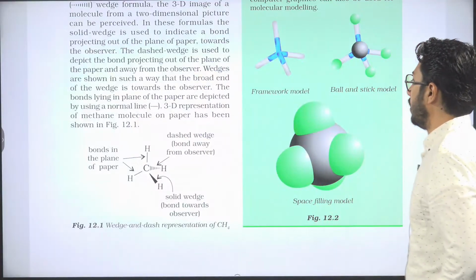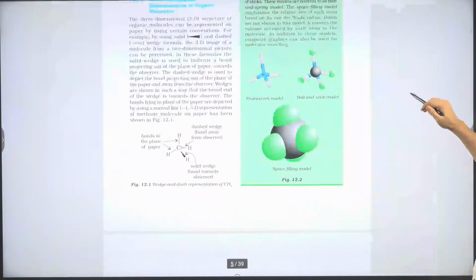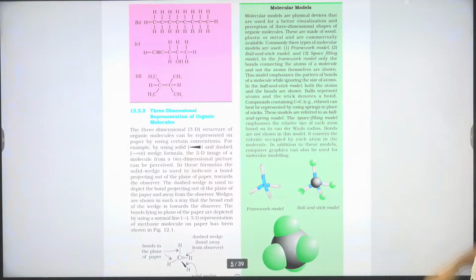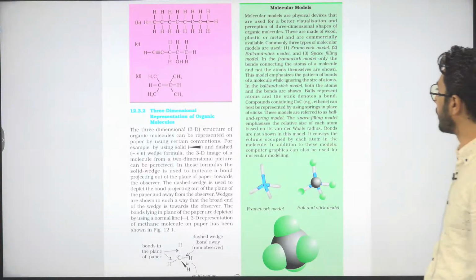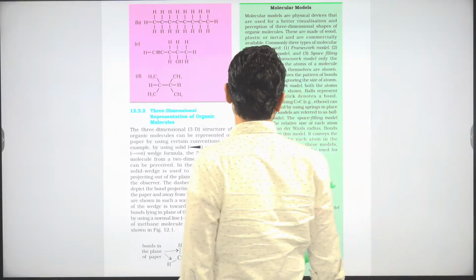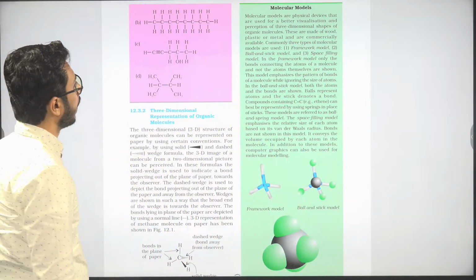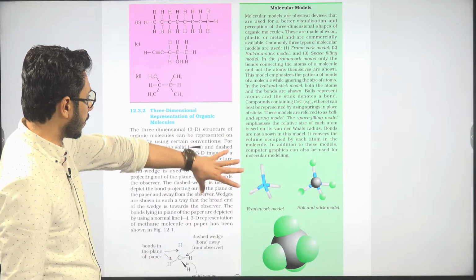Then here what is given? Ball and stick model. You can read that portion for your reading purpose only. In this molecular model, they have given these three types.